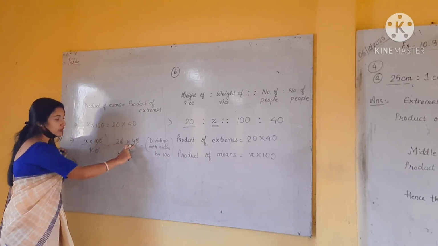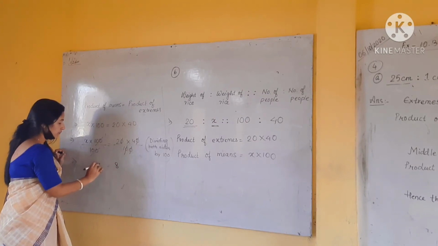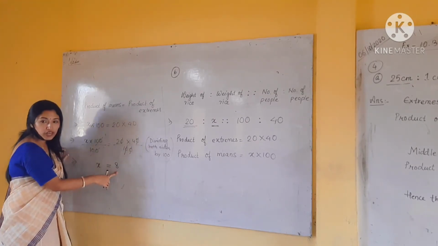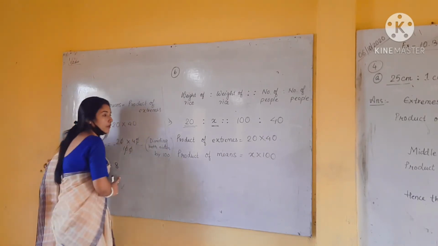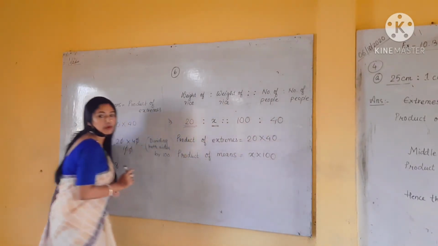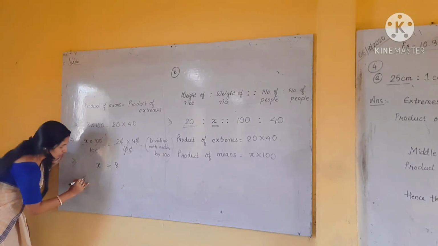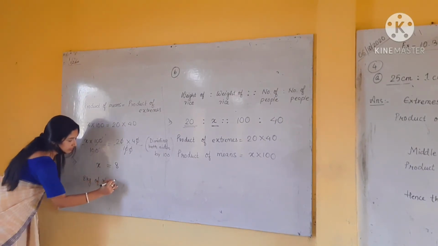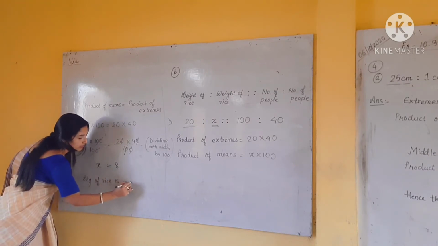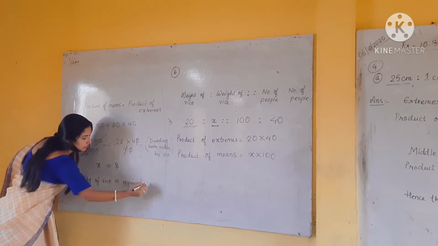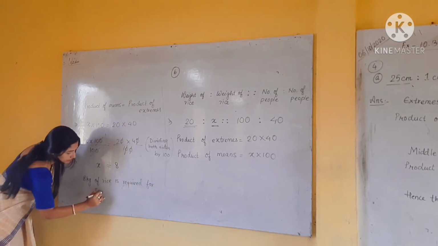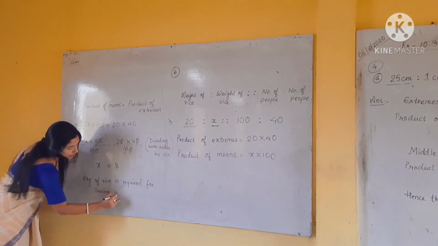So 2 into 4. 2 into 4 is 8. So that means using 8 kg of rice we can serve how many people? 40 people. So 8 kg of rice is required for serving 40 people.